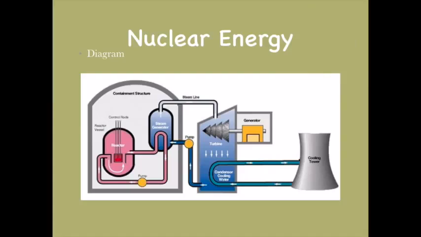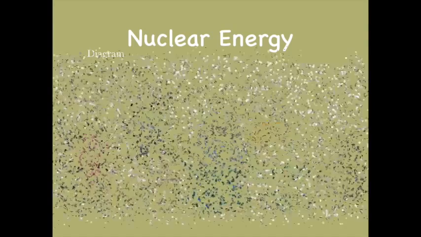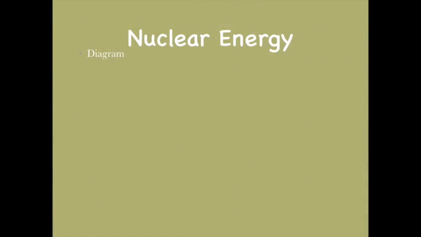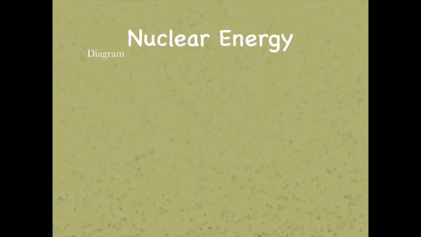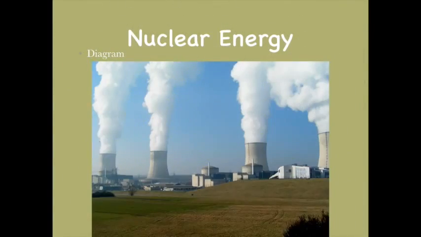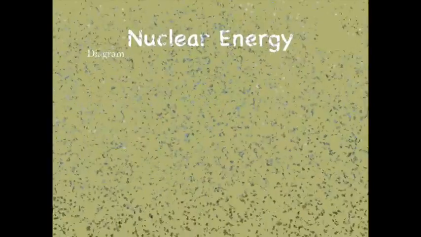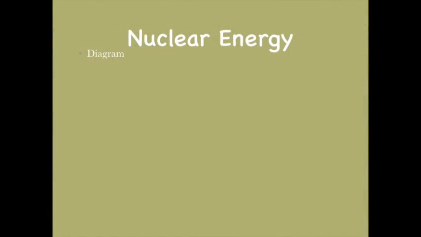Pause the video accordingly and please have a look. And this is a real time diagram. This is how the nuclear plant actually looks. You must have seen this, right? Somewhere on TV or anywhere else. These are actually the nuclear plants. So we are done with the diagrammatic part of nuclear energy.